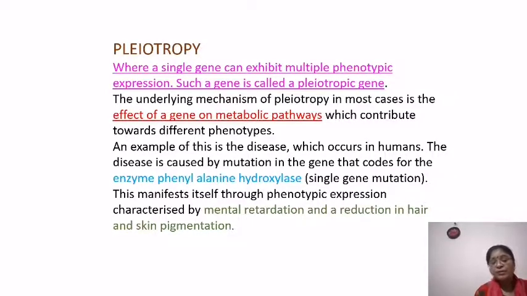Now you look at it. This is an enzyme, and a single gene mutation is caused here, and this manifests itself through phenotypic expression characterized by mental retardation. Those who suffer from it are suffering from mental retardation and reduction of hair and skin pigmentation.